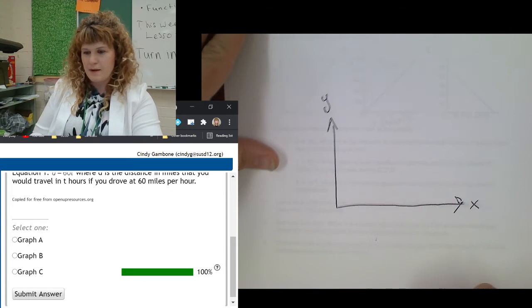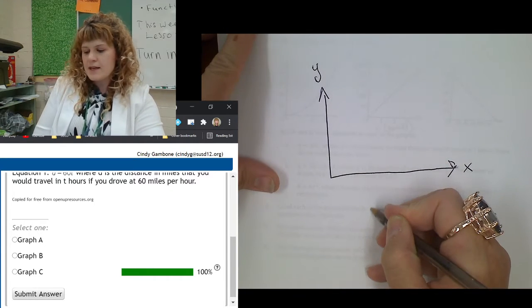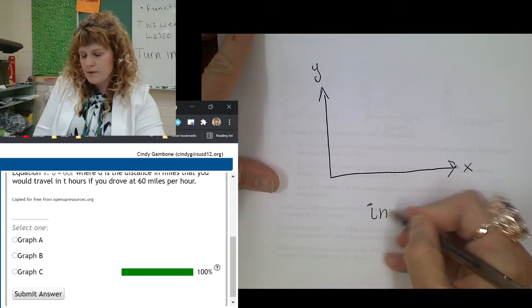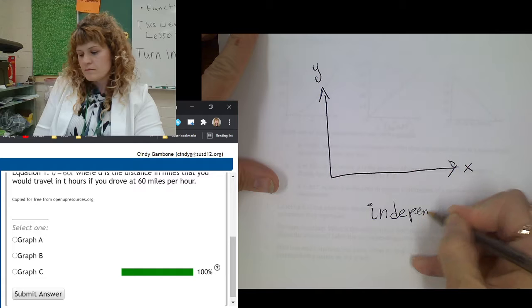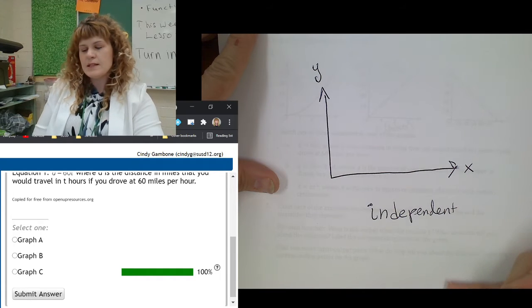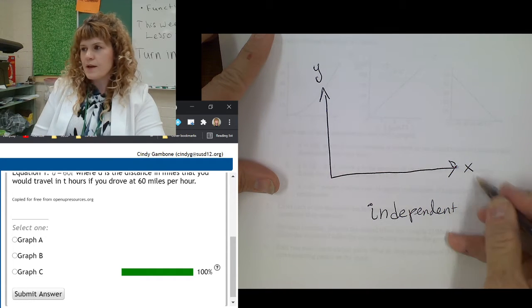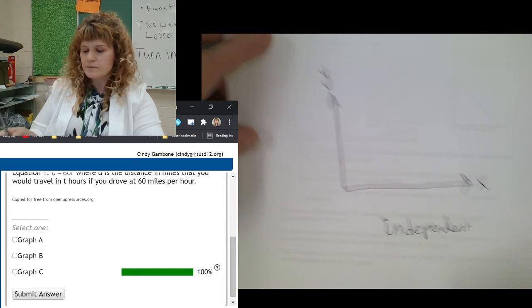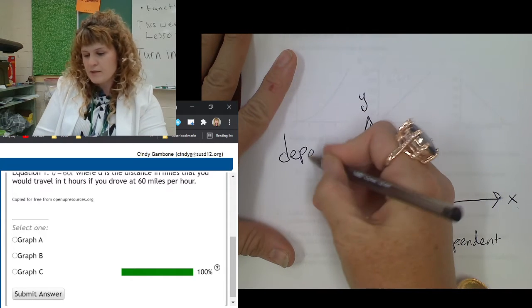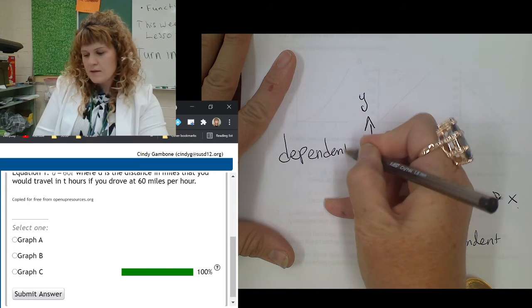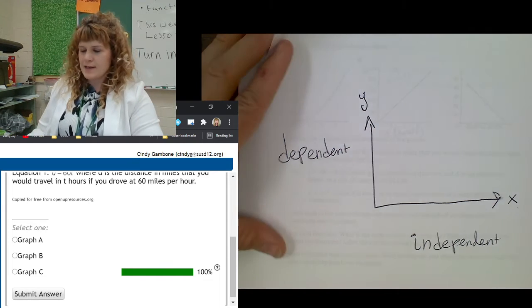I just want you to remember that right now. The independent variable is the input. The independent variable goes on the x-axis. And the dependent variable, which is the output, goes on the y-axis.